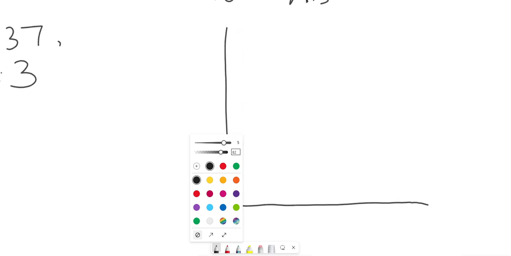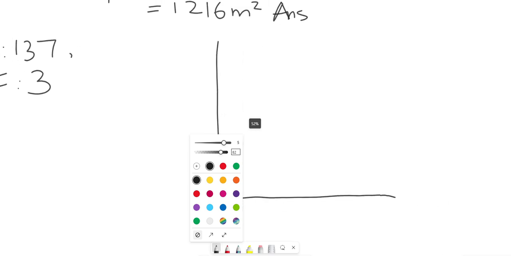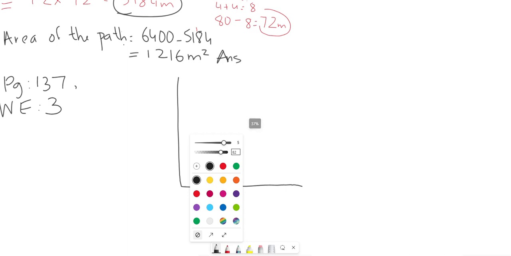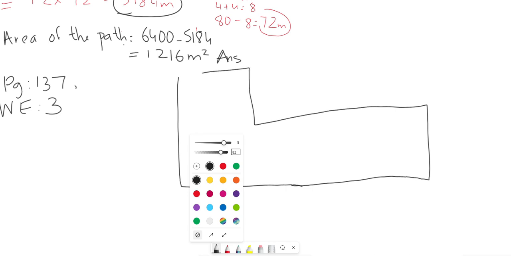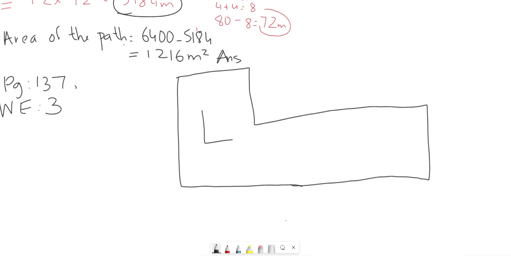I'm going to move it over here and pinch it smaller. This is it, then this, then this, okay, and then we have got a small rectangle. Now over here, because I can't color it, what I'm going to do is just write their values.